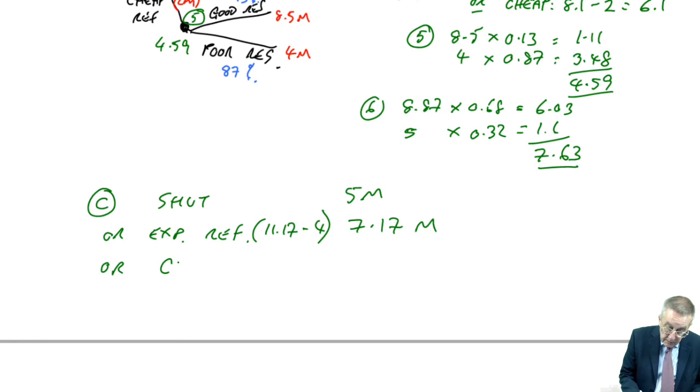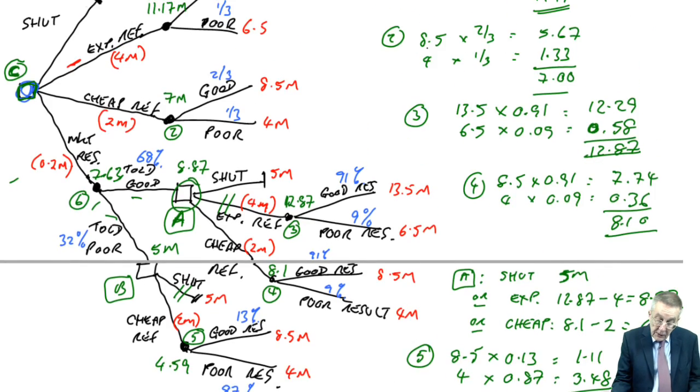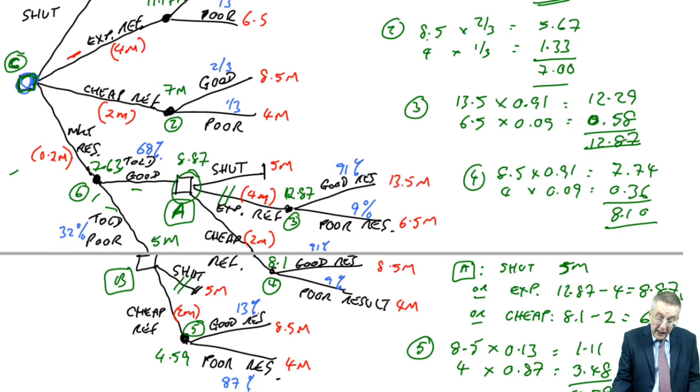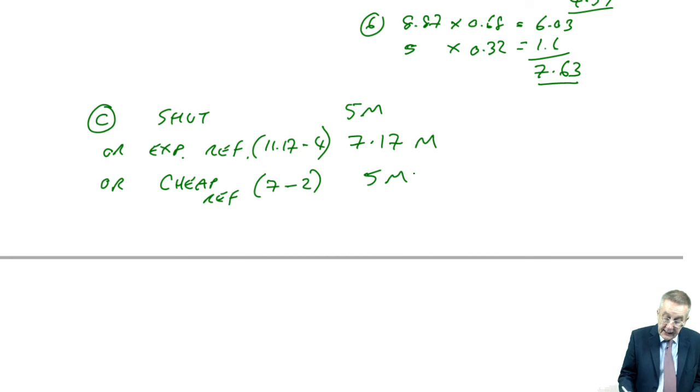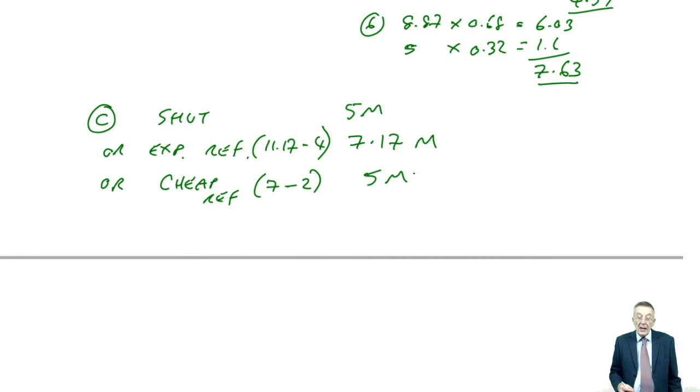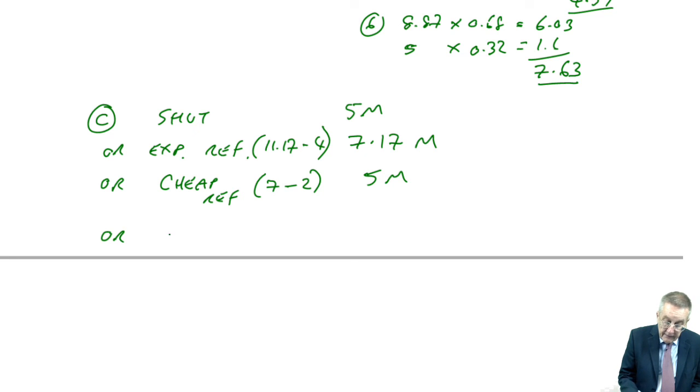Or we do the cheap refurbishment. With the cheap refurbishment, we pay out 2 and get back 7, a net 5 million. Or finally, we do market research.